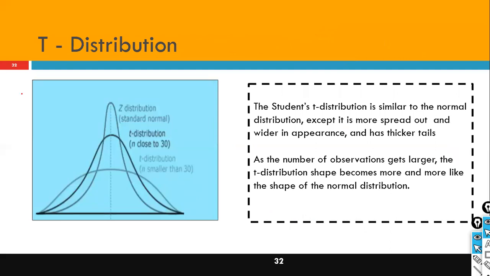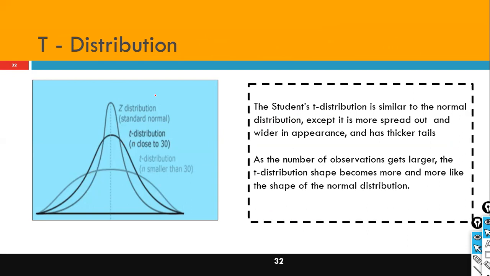And the t-test follows the t-distribution. The student t-test follows the t-distribution. It is similar to the normal distribution. In the case of the z-test, it follows the normal distribution.